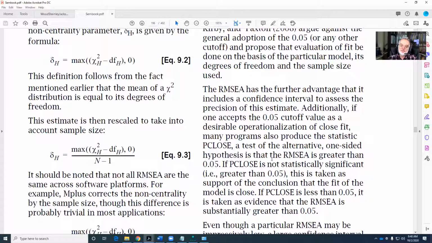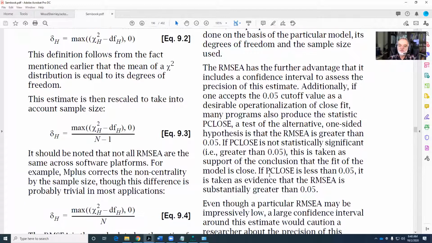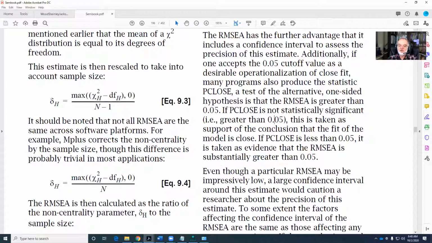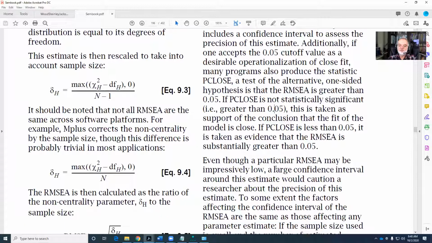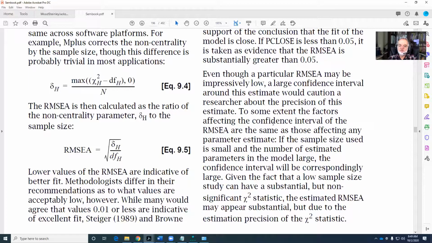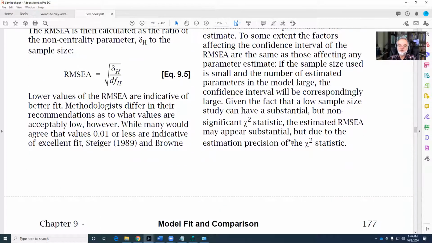It's an estimate of the probability that the RMSEA is 0.05 or less. So again, if you've got a really low RMSEA, you're going to have a probability of close fit that's large. And the magnitude of that confidence interval depends upon your sample size.